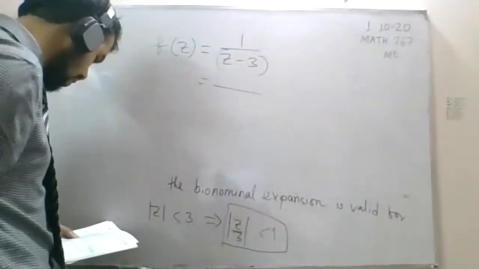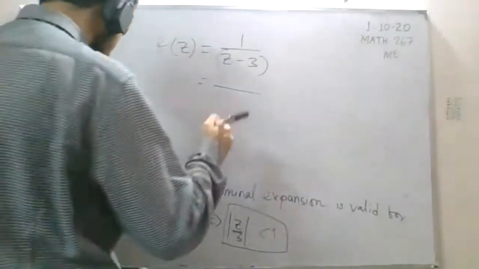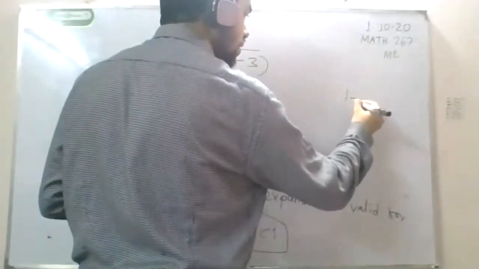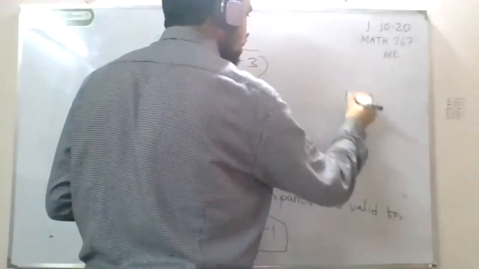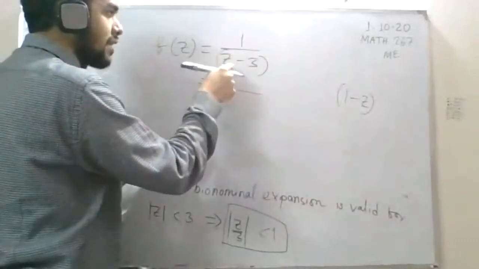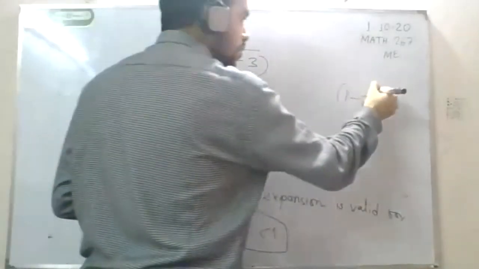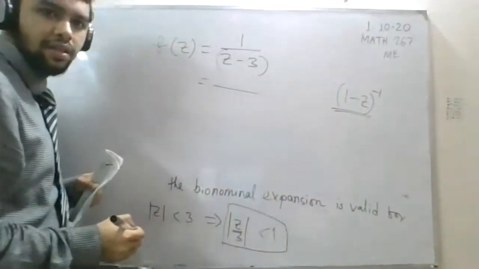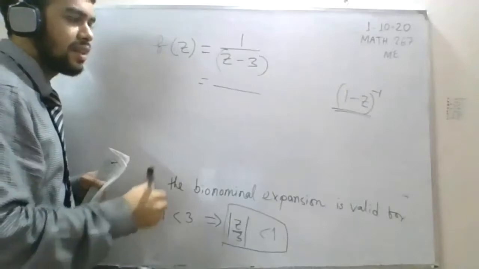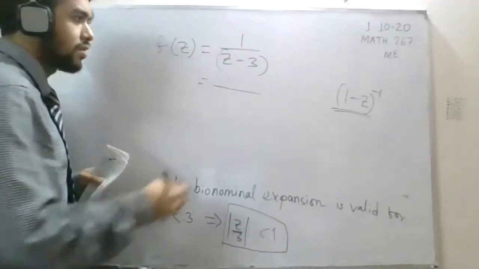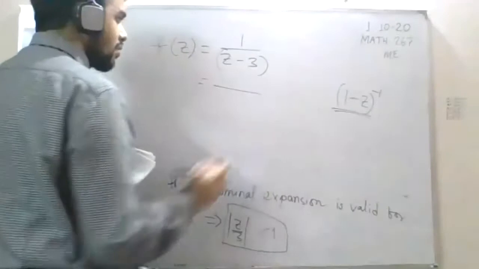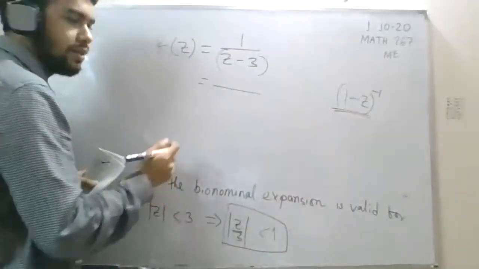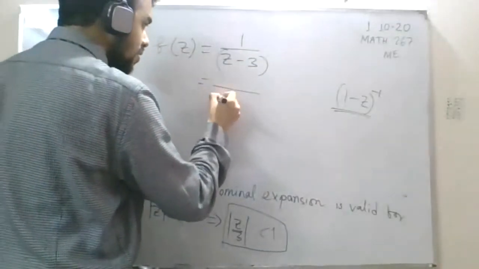Okay. So you have to make this in this way, because this is 1 by (z minus 3), so you have to make this equation into the binomial form, which is (1 minus z) inverse 1. To compare with this, take a look at how to arrange it.